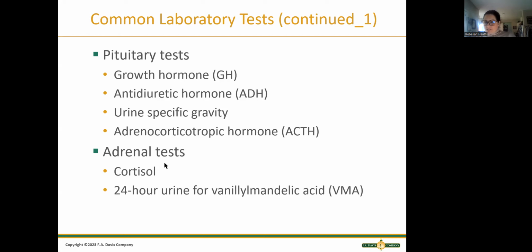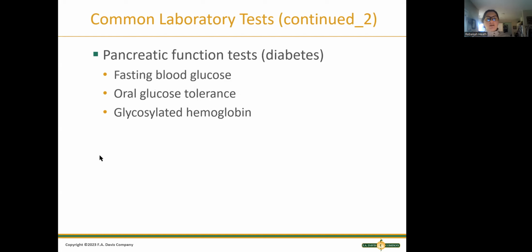For adrenal dysfunction, we would want to definitely check a cortisol. And then you might see somebody have a 24-hour urine collection for vanillylmandelic acid, or VMA. Like we talked about the 24-hour urine collections for renal dysfunction, you might see it for other endocrine dysfunction as well.